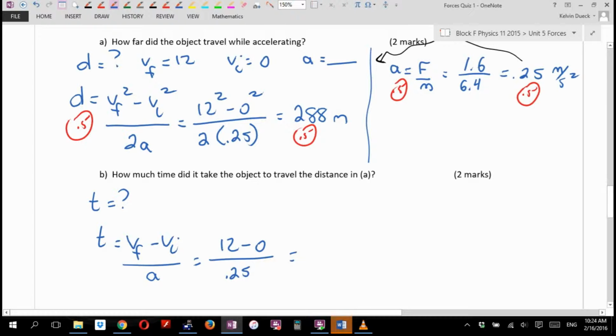Is it 48 seconds? I don't know why I made that one worth 2 marks, but I guess I did. How about 1 whole mark for that? Half mark for the numbers, half mark for the answer. Again, if you got the wrong acceleration here, but you dropped it down here successfully, I would give you 2 out of 2, if you went 12 minus 0 divided by whatever you got for your acceleration.